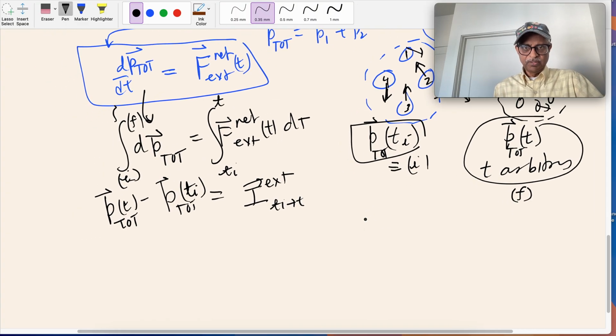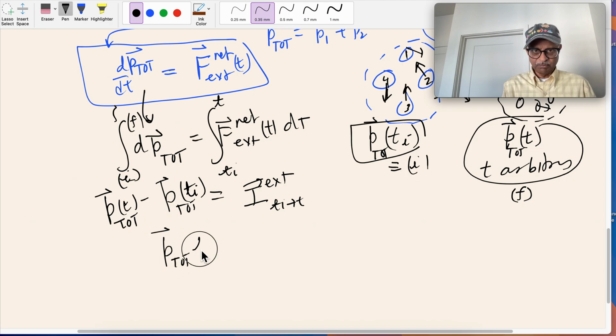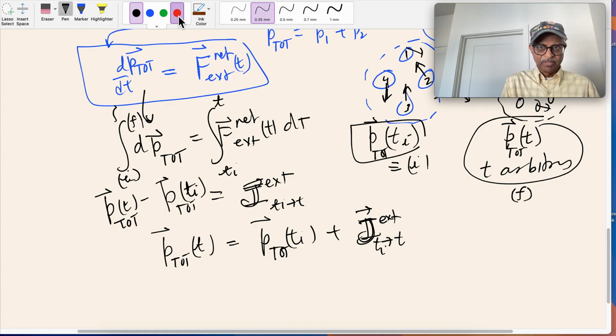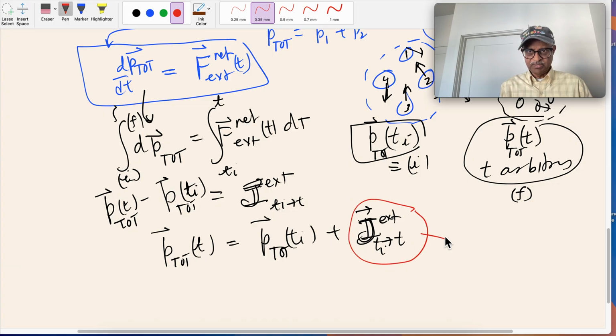So I can bring it over here: p total at some arbitrary time t equals p total at ti plus J external from ti to t. And this external term would be 0 if there are no external forces.